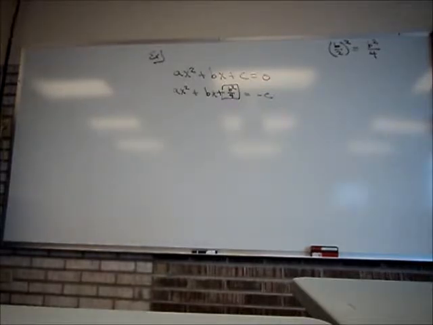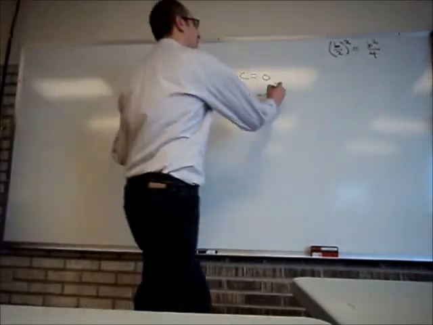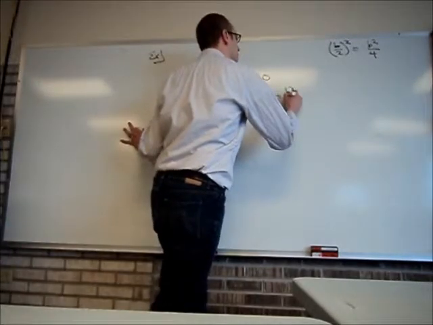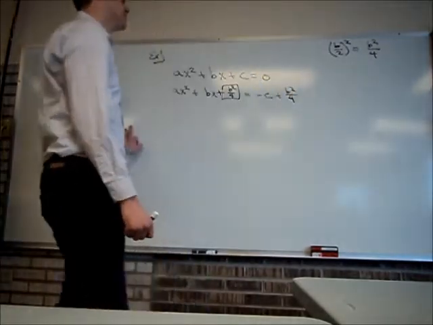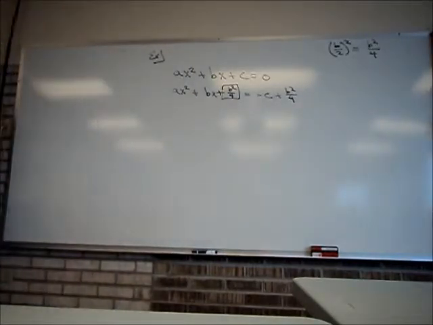You have to compensate. If you add b squared over 4 on one side, you've got to add b squared over 4 to the other side. This is good. Now that left-hand side of the equal sign should factor.